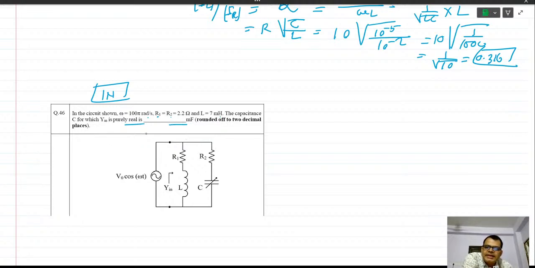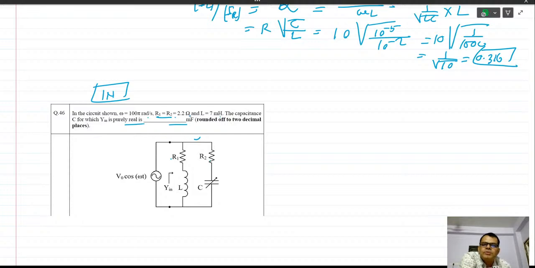People will think, see, first of all, people will see R1 and R2 here. When they see that, they will think that okay, these are equal and this can be done easily. But see the question, they have also given R1 equal to R2 equal to 2.2 ohm, that they are equal, right?